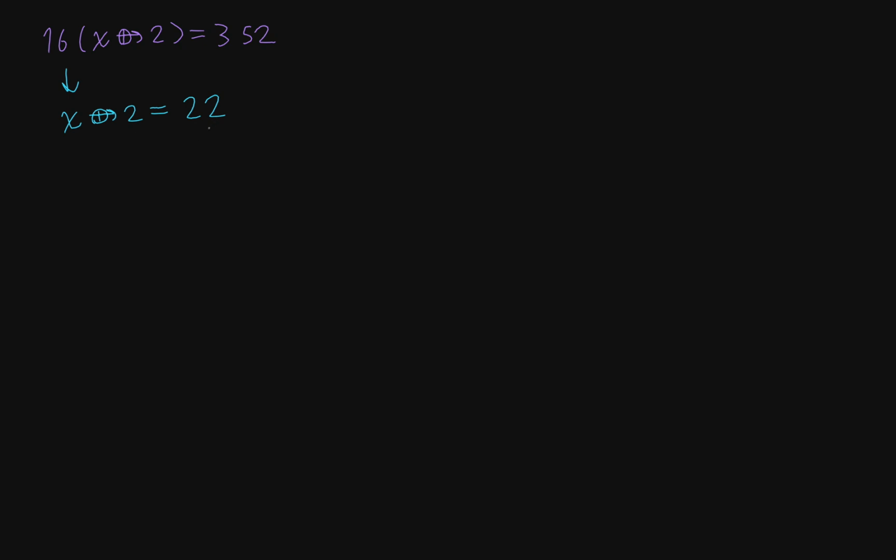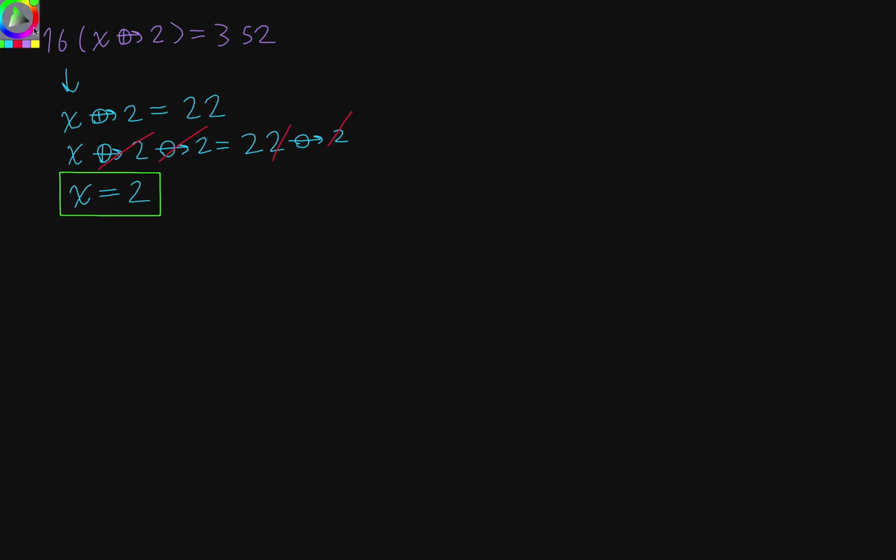Now notice we have a 2 here at the end, and then we also have concat 2. So what we can basically do is deconcat both sides. So we're going to get x concat 2 deconcat 2 is equal to 22 deconcat 2. And right here, these are going to cancel. This last 2 gets clipped off. And then we get that x is simply equal to 2.